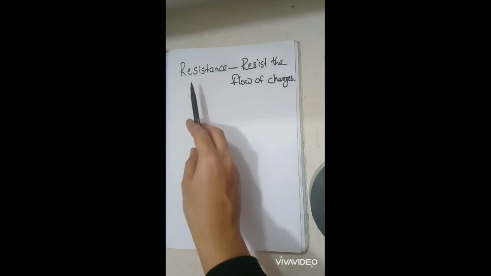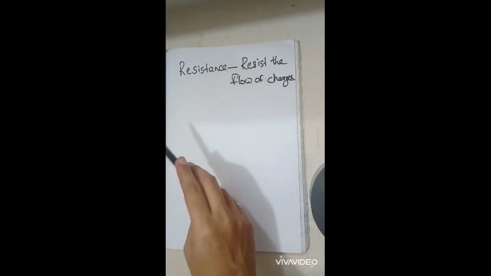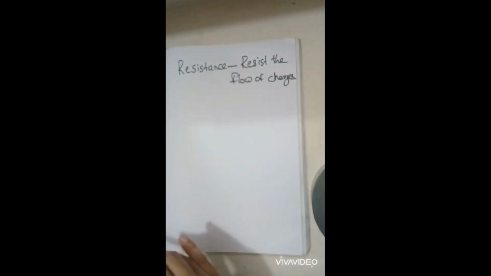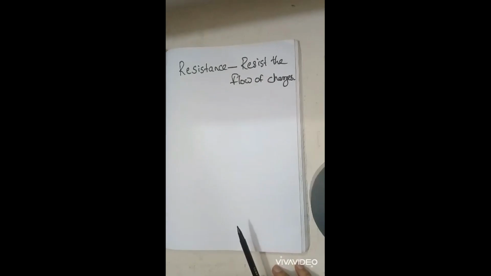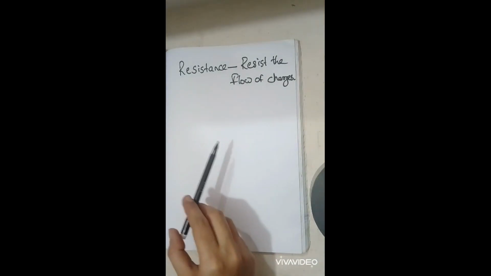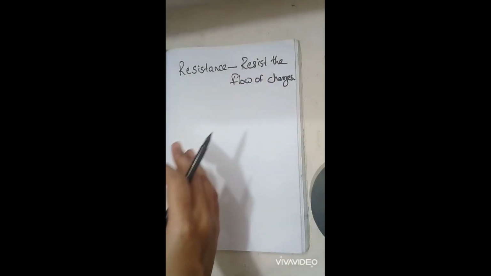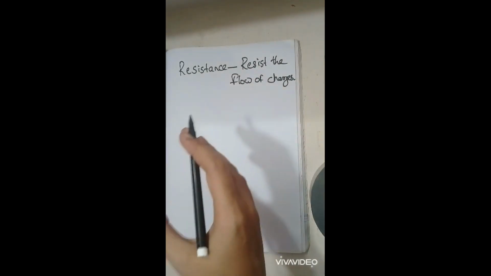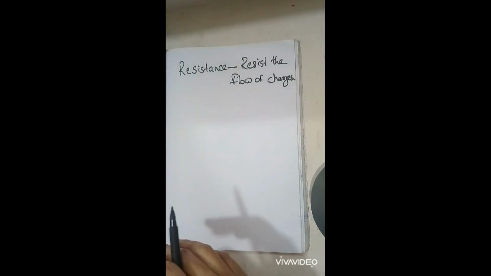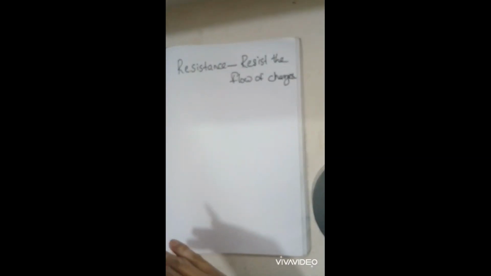So my question is, when the resistance resists or blocks the flow of charges in an electric circuit, say it has a resistance of 10 or 15 ohm, then the flow of charges will decrease.